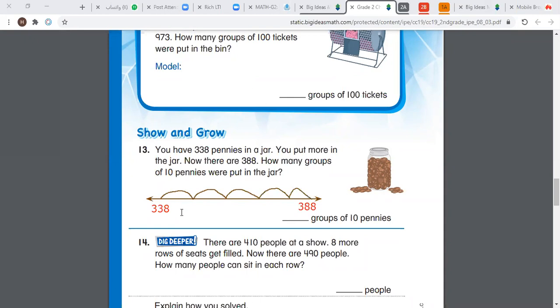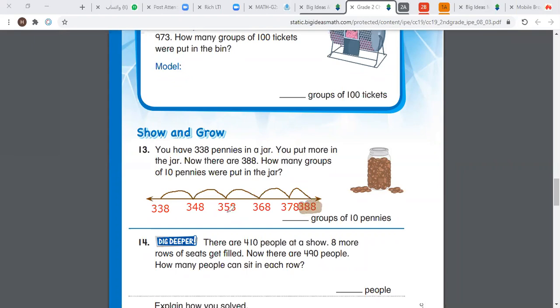Okay, let's say it again. 338 and 10 equals 348. 348 and 10, 358. 358 and 10, 368. 368 and 10 equals 378. 378 and 10 equals 388. Okay, pay attention here, 388. This is the last number.